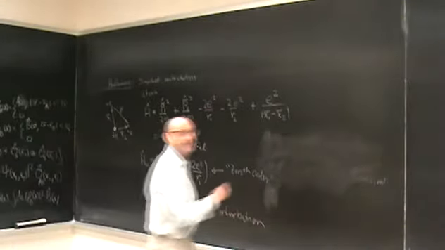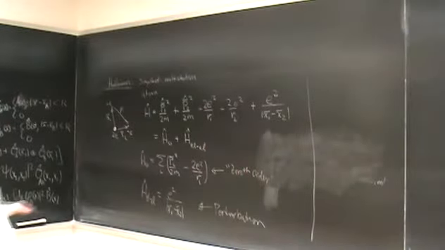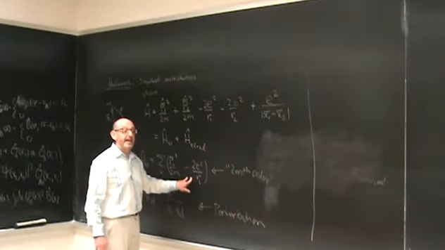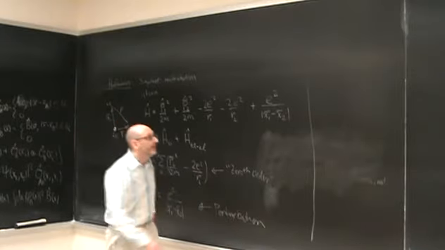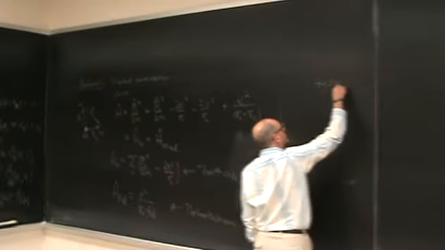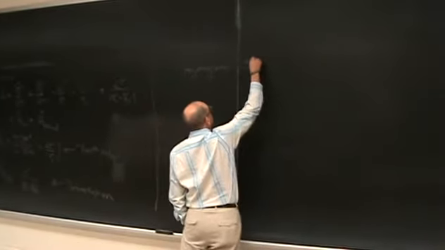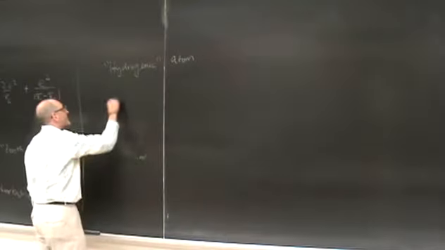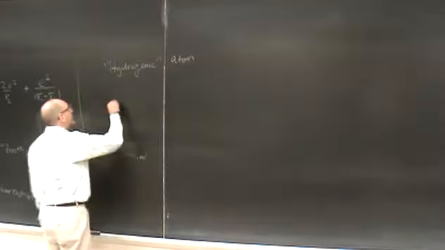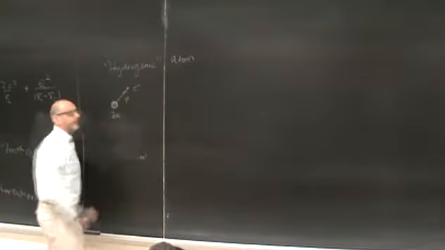Let's remind ourselves of what we're talking about here. This Hamiltonian is the sum of hydrogenic Hamiltonians. I can talk about a hydrogenic atom, where I have a nucleus with atomic number Z and an electron at some distance.